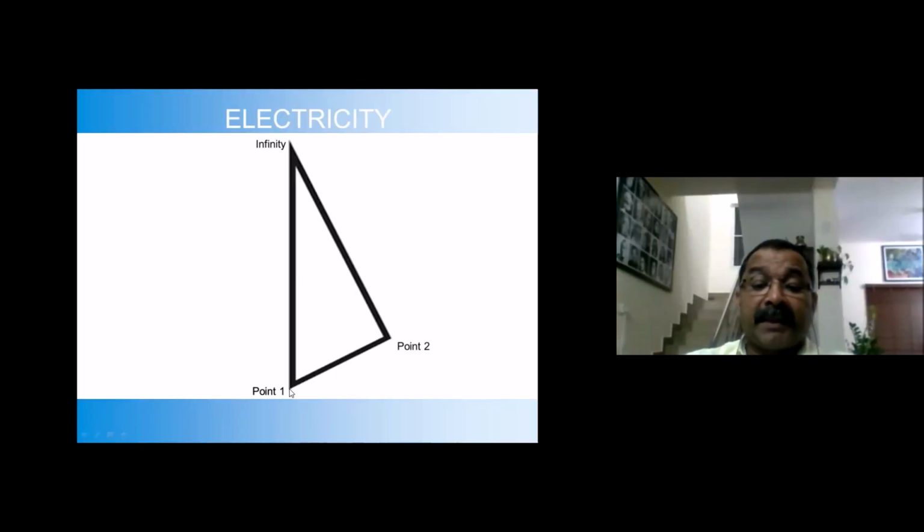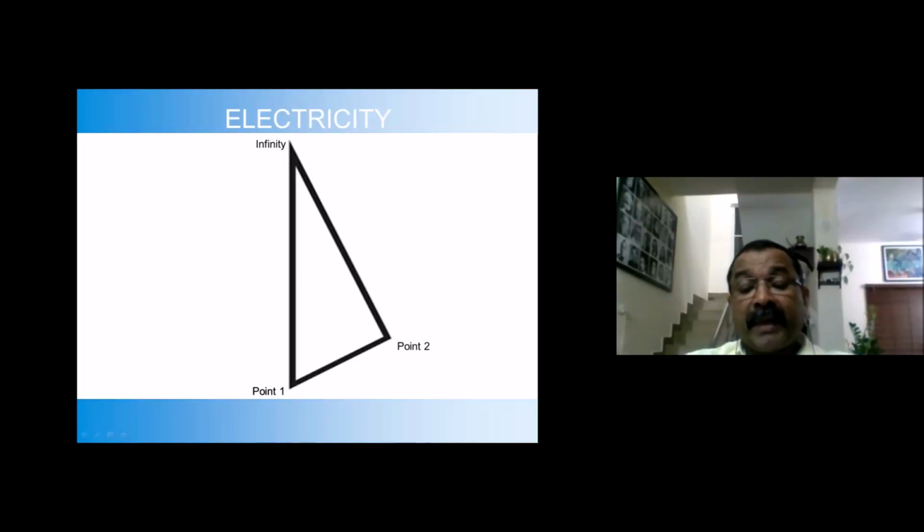By definition, the potential difference between point 1 and point 2 is the work done in taking a unit charge from point 1 to point 2. We can find it in another way.